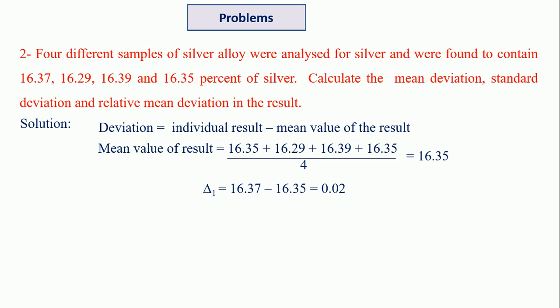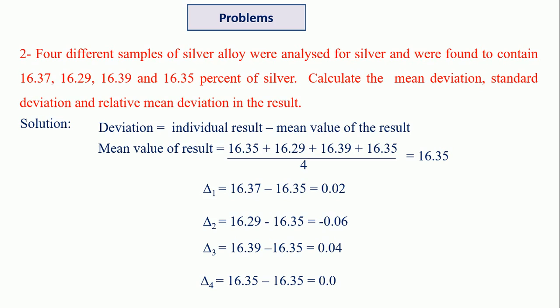Then calculate similarly delta 2, and the answer is 0.06. Then delta 3, 16.39 minus 16.35 is equal to 0.04, and then delta 4, that is 16.35 minus 16.35, and the answer is 0. So we have calculated the deviations delta 1, delta 2, delta 3 and delta 4.